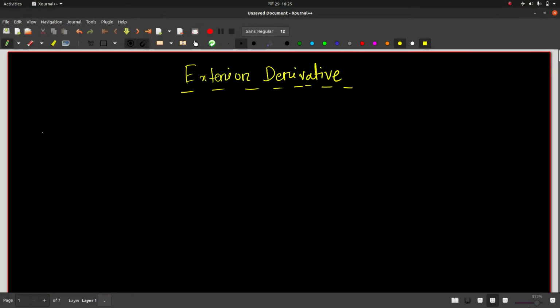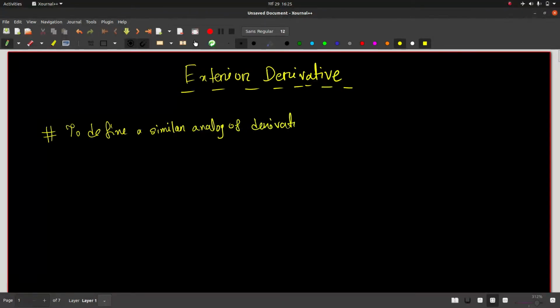So the idea is to define a similar analog of derivative for forms. This is our goal, and we'll try to see a little bit of a geometrical picture. Again, this picture is not entirely accurate, but it gives you some idea what this exterior derivative does.